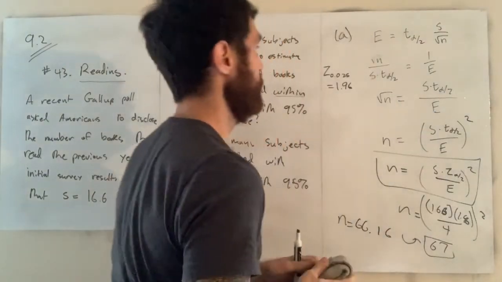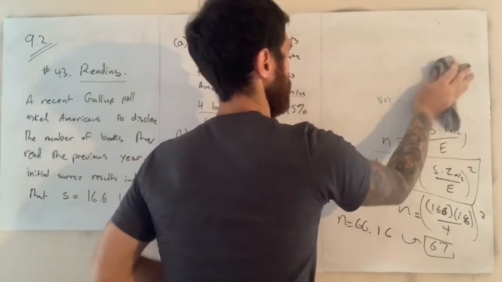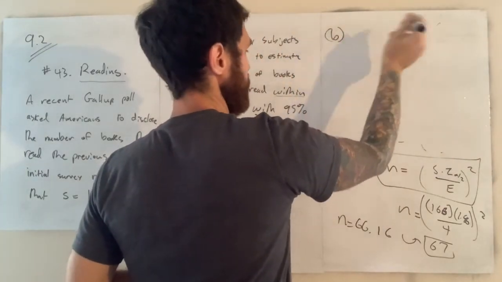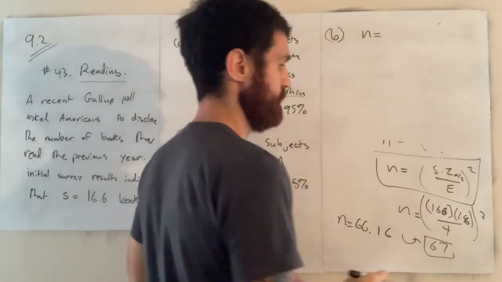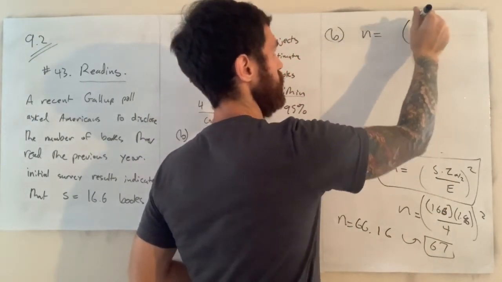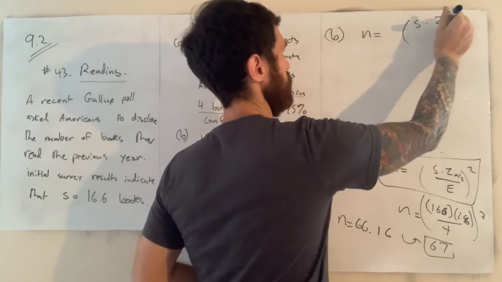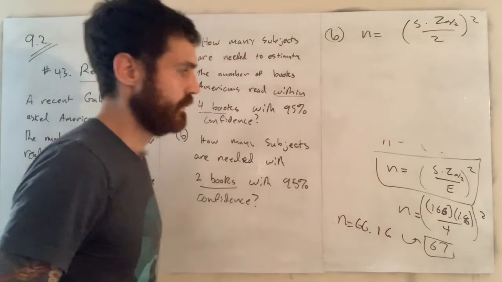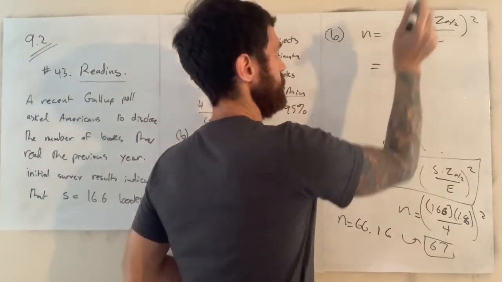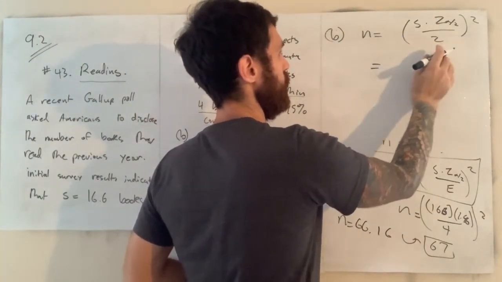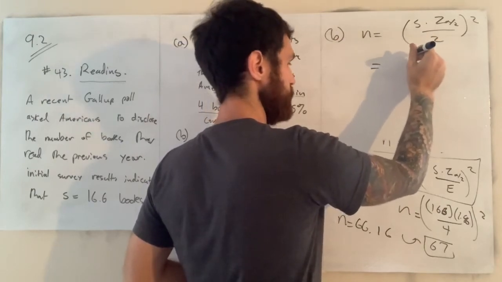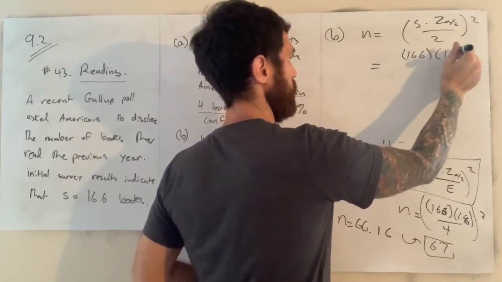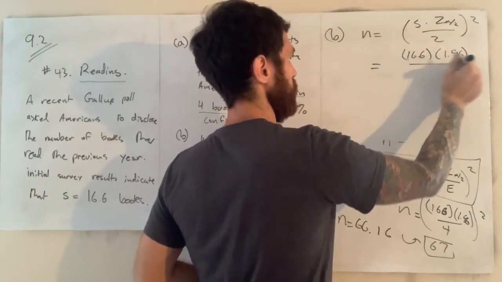What we do is we're going to use the same formula, but this time our error is going to be 2. So this is 16.6 times 1.96 all over 2.